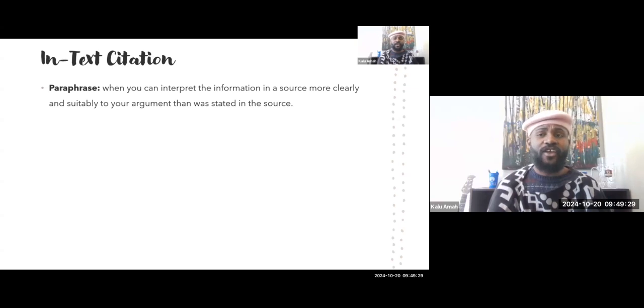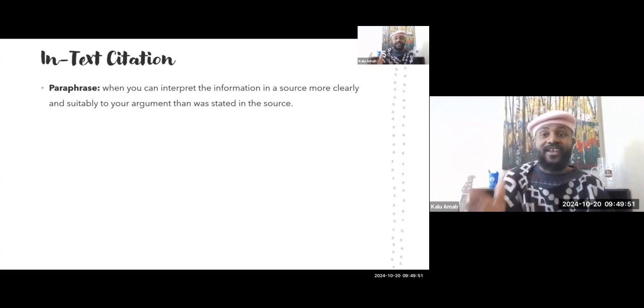But be careful when paraphrasing. Don't say what the author had not said. Most times we do this a lot in liberal studies. We'll be like, it was inferred that... be careful of what you think an author inferred. If you are writing a literary paper, for example, an article using a novel as your primary source, you can go ahead and say it can be inferred, because literature is open to different interpretation.